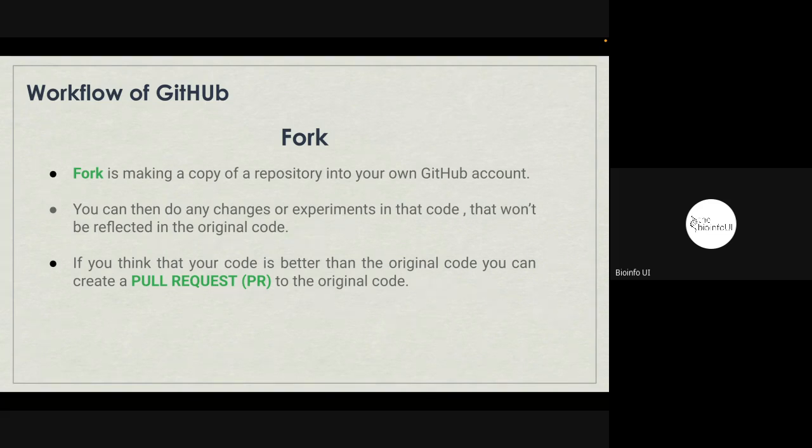But Git also gives us the option to ask the owners to allow the changes we've made to reflect on what they have. Say you see the person's code, see what they've done, and feel like you can contribute something to this project. That's what we call a pull request.